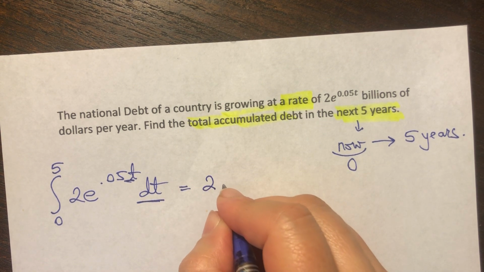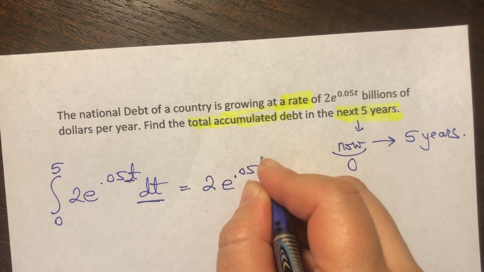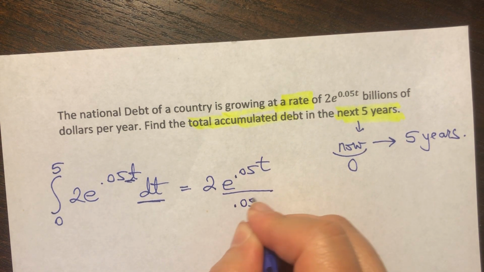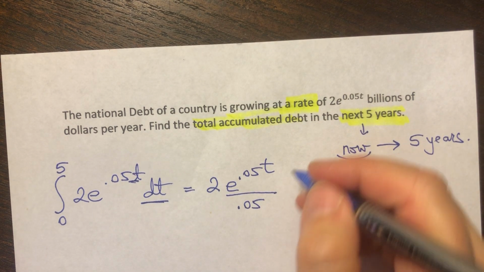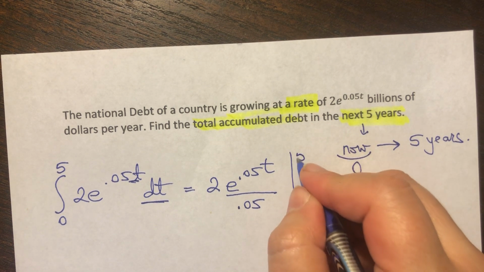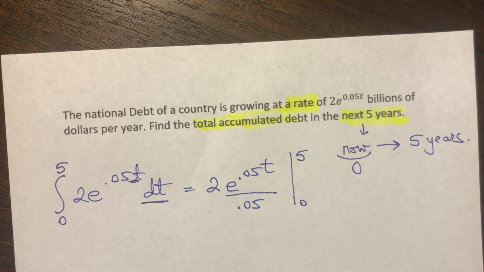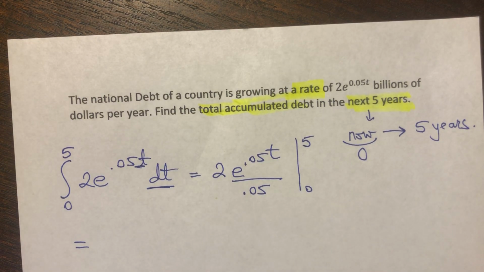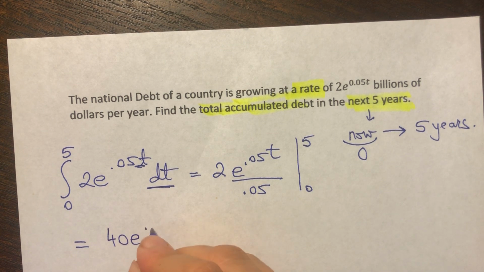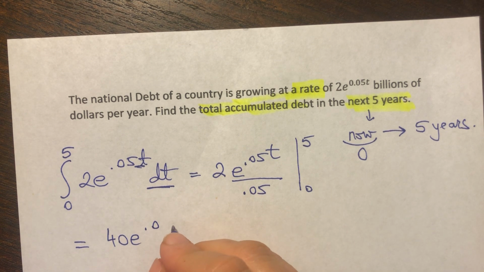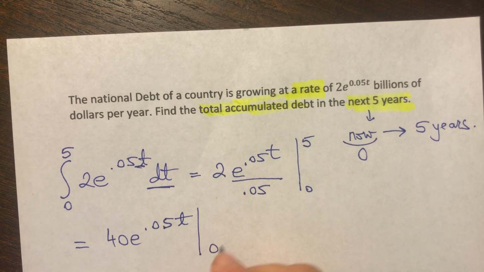So that's going to be a 2e to the 0.05t divided by 0.05, right? That's the antiderivative of an e. We talked about this in 5.2. But now we need to plug in the 2 limits of integration. So 2 divided by a 0.05, put that in your calculator and you're going to come up with 40. 40e to the 0.05t, plug in a 0 and plug in a 5.